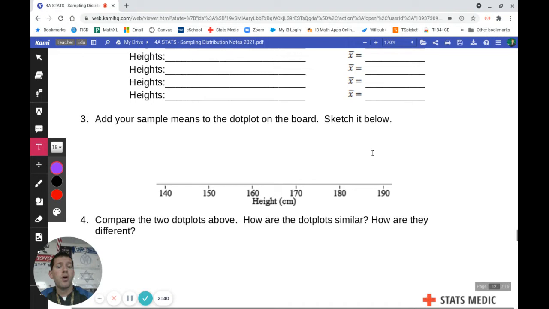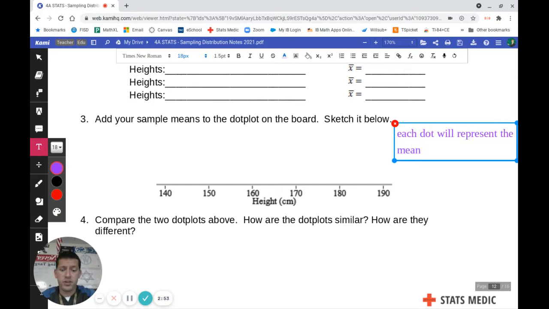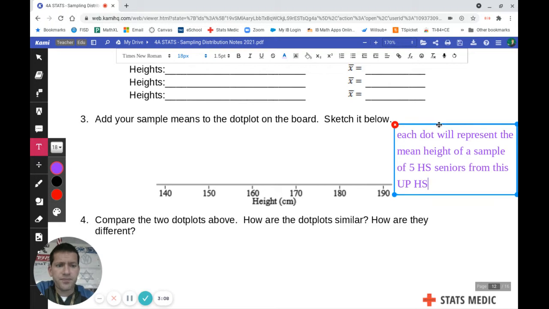But I want to talk about what all the dots are going to represent. So in this dot plot, when it's created, each dot will represent the mean, the average height of a sample of 5 high school seniors from this Upper Peninsula High School, UP, Upper Peninsula in Michigan.